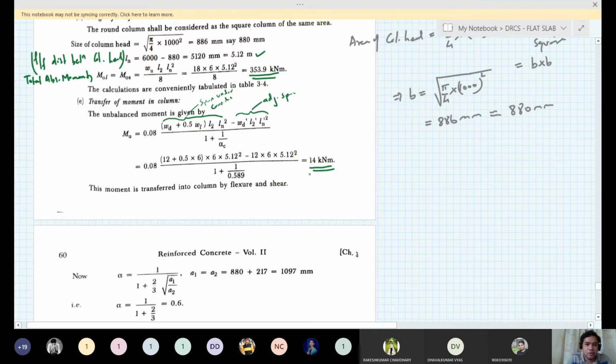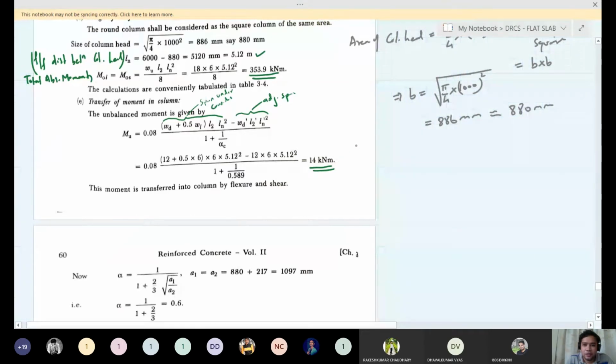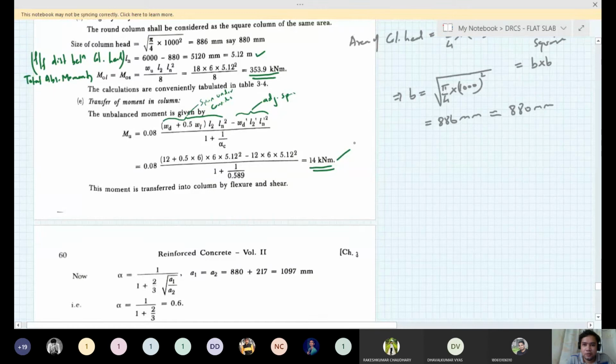Now, as we know, this total unbalanced moment will be shared by the flexural couple plus the shear couple.